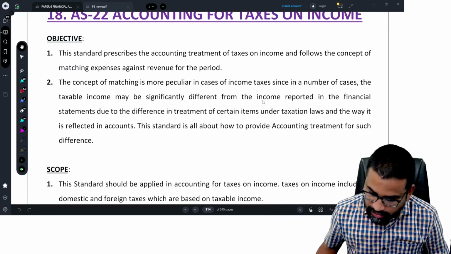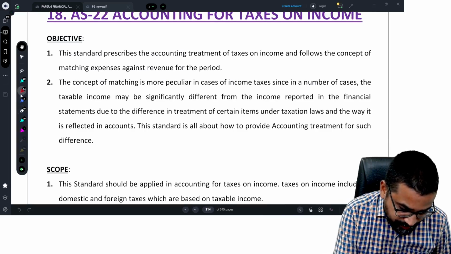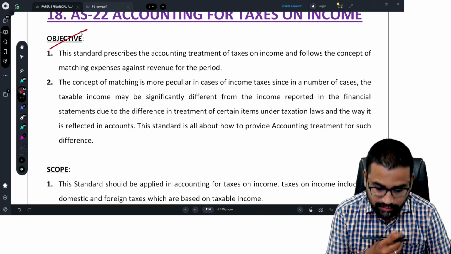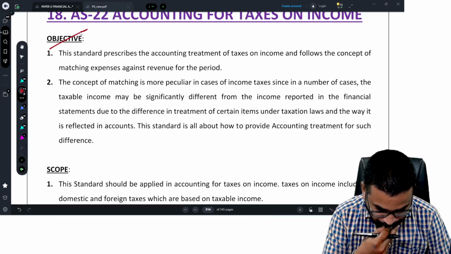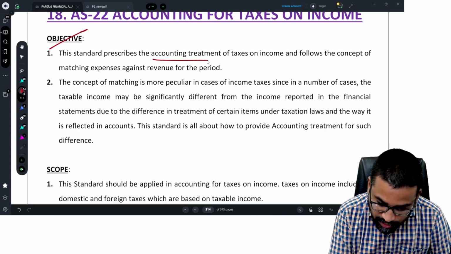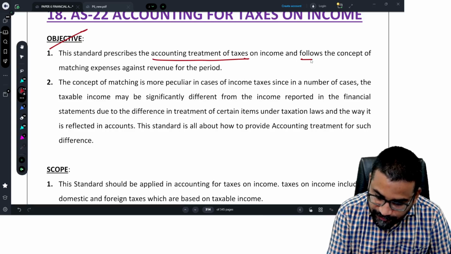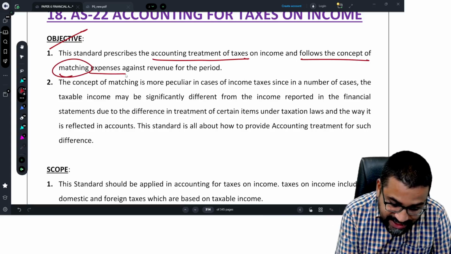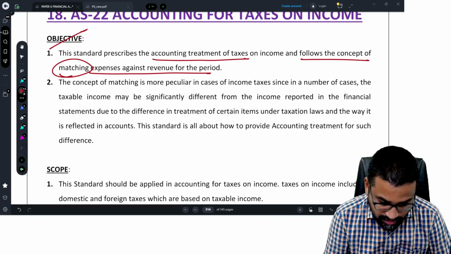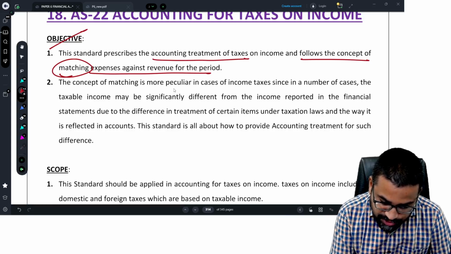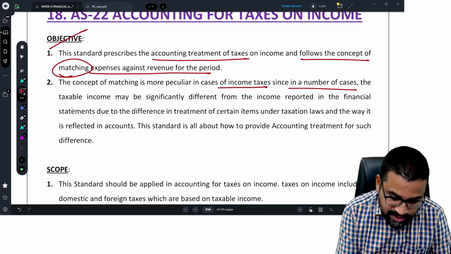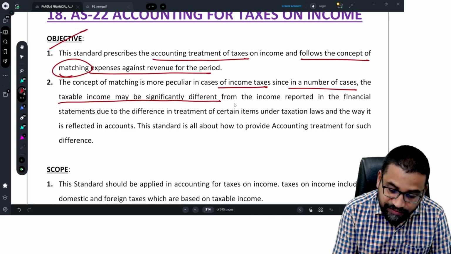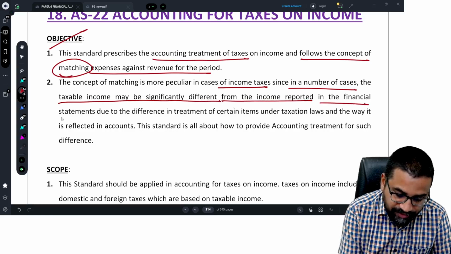Now see here, we discussed the objective now itself. I explained the entire concept of deferred tax. So this standard prescribes the accounting treatment of taxes on income and follows the concept of what? Matching expenses against revenue. So the concept of matching is more peculiar in cases of income taxes, since in a number of cases the taxable income may be significantly different from the income reported in the financial statements.